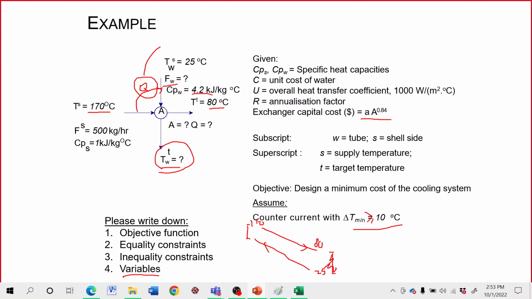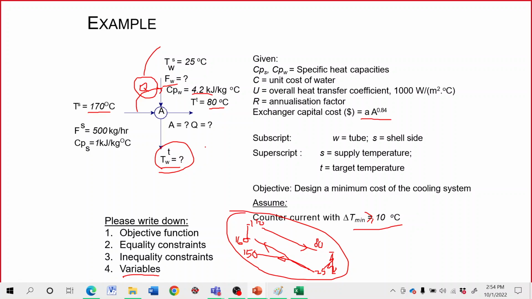So in this case, you could think of, from this example, we know that the minimum delta T min is about 10 degrees C. So you could also say, what if I do it this way? If this is 160 degrees C, this could be 150 degrees C. So the outlet temperature of this stream can be another variable that we need to know.